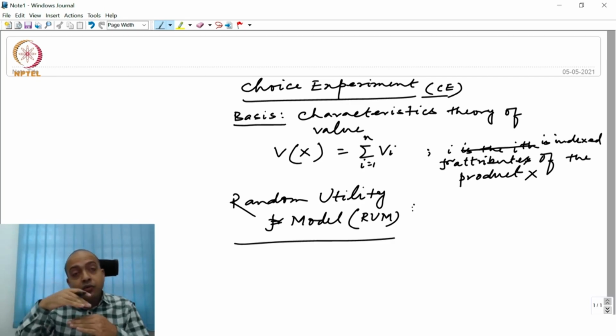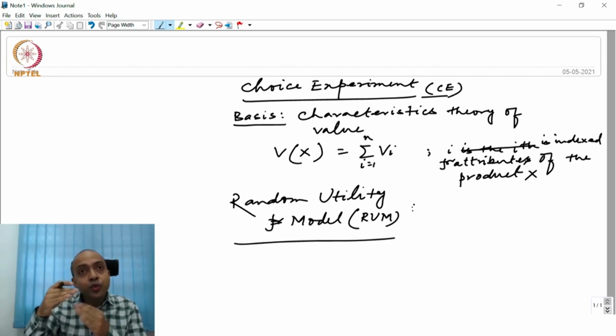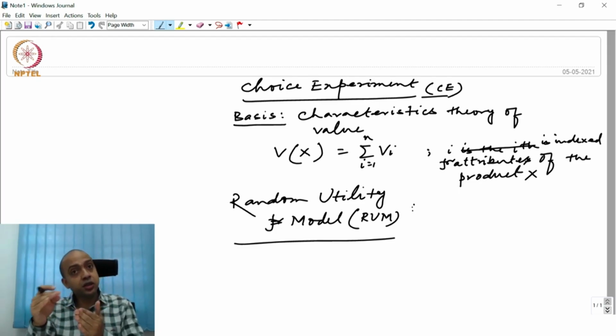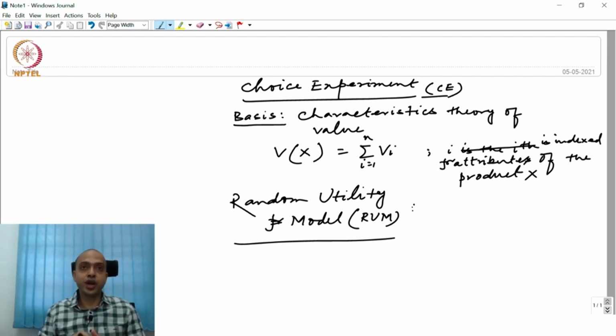And then from the willingness to pay for a particular attribute, it is possible to estimate the total willingness to pay for the product.